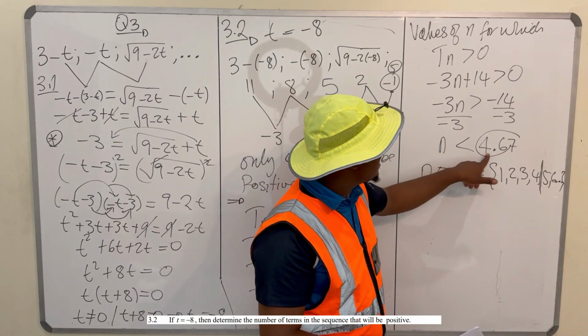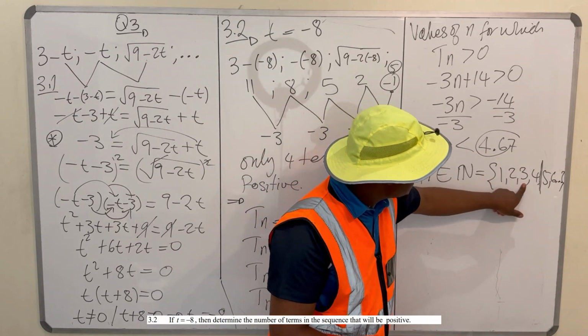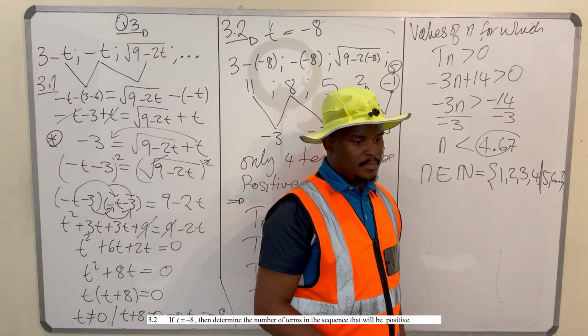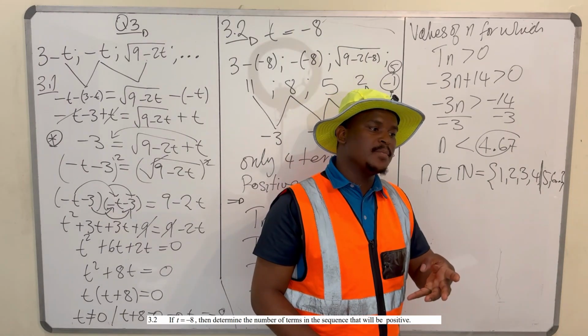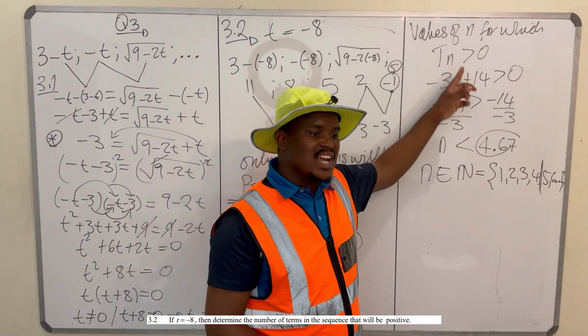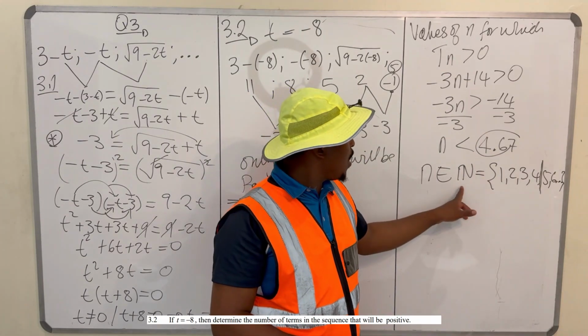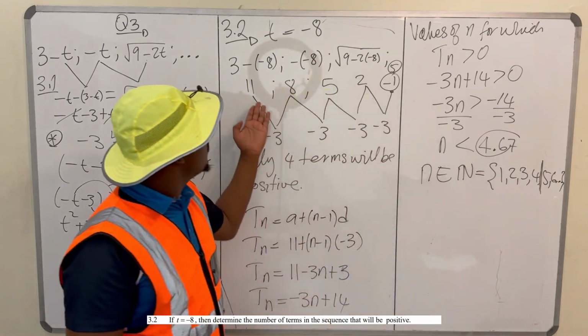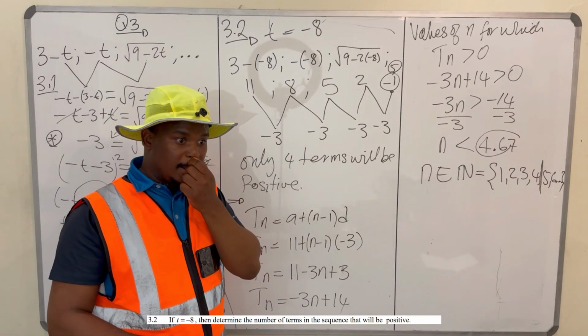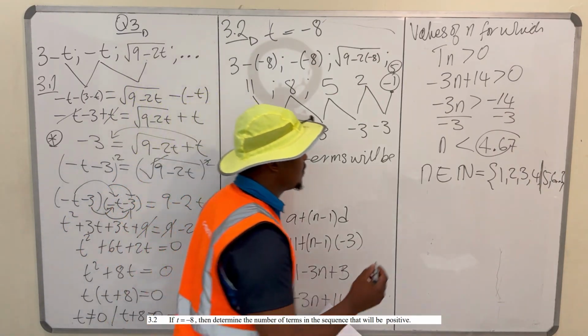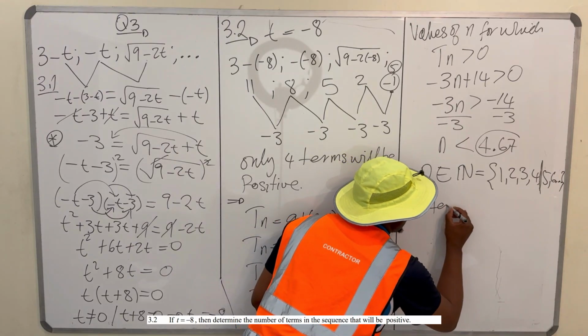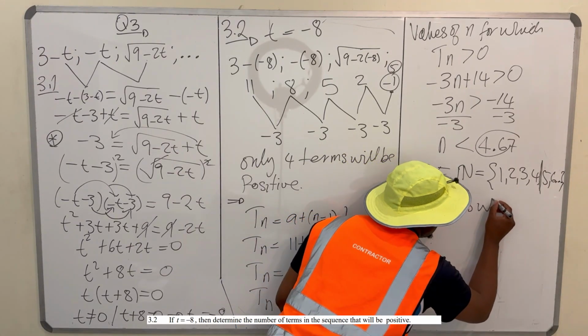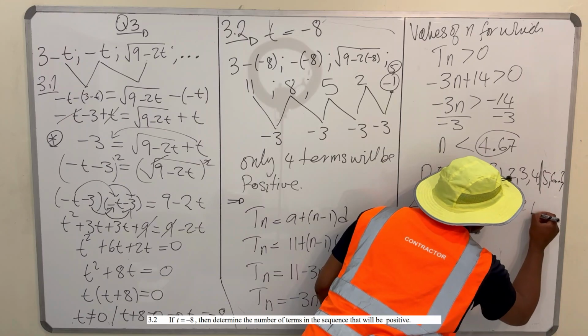The n values that are less than that are this one, this one, this one, and this one. So there are only 4 terms for which Tn will be positive: T1, T2, T3, and T4, which is what I demonstrated at the beginning. So the simple answer is 4 terms will be positive.